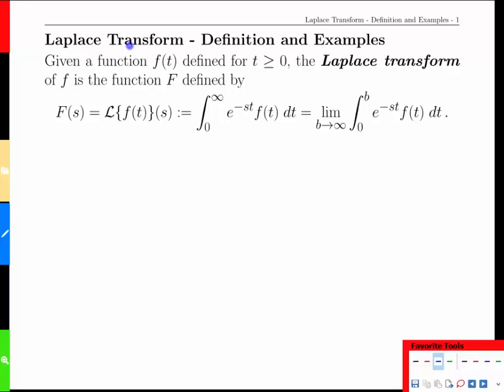The best place to start with a new idea is a definition. The Laplace transform is defined as follows. The symbol here, this curly L, means the Laplace transform, or take the Laplace transform. We typically use curly brackets around that, and then what we have here is the original time-dependent function.